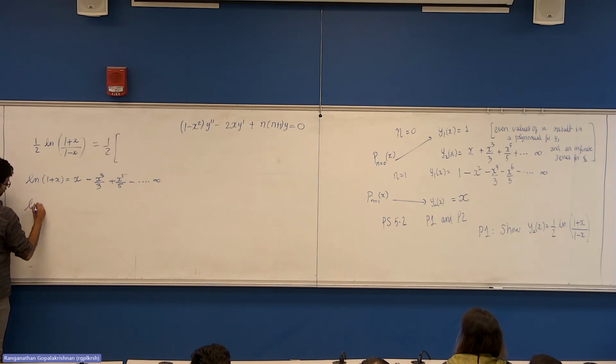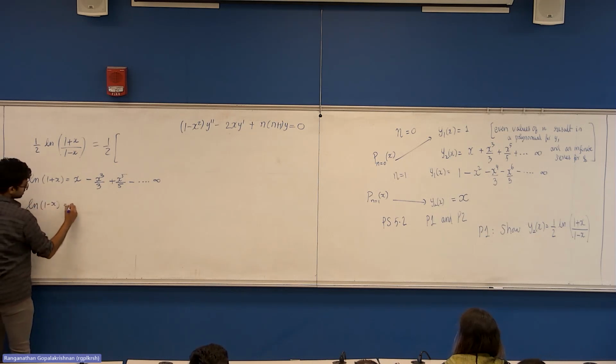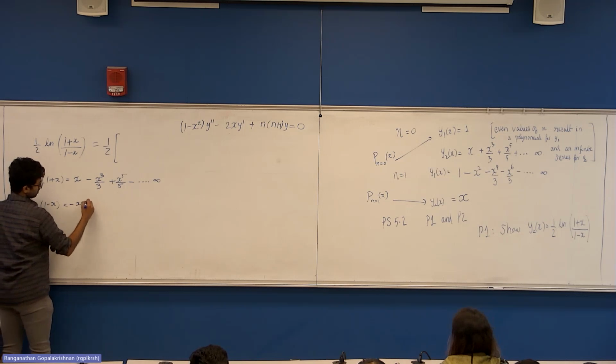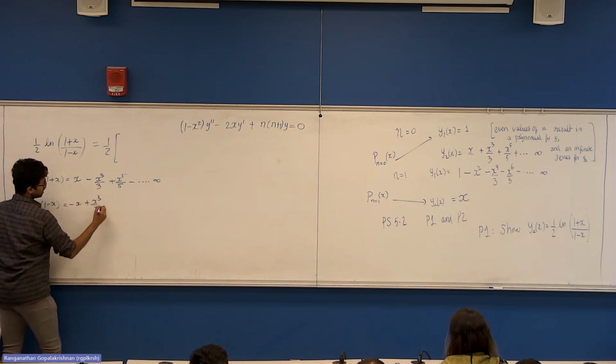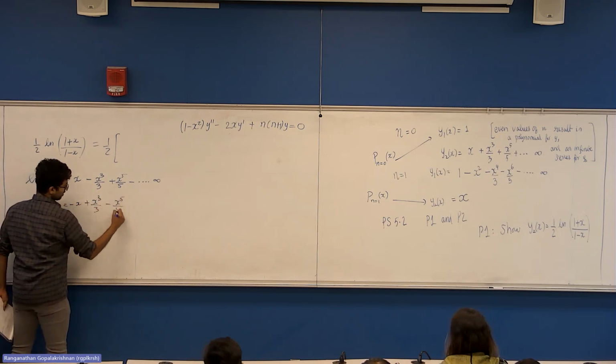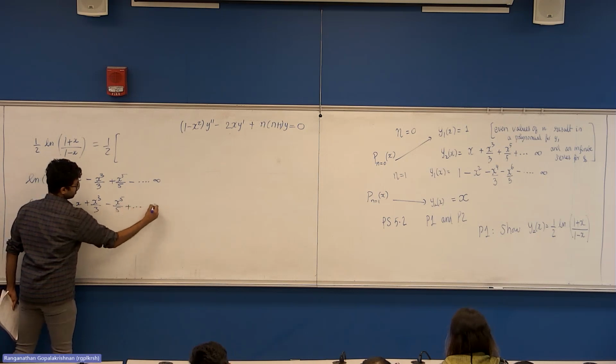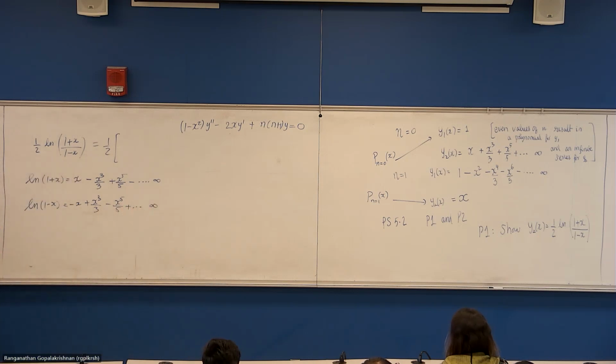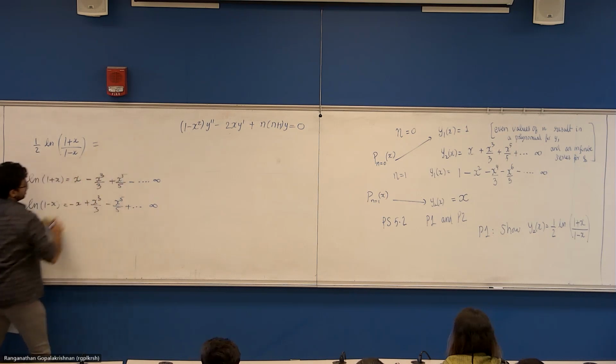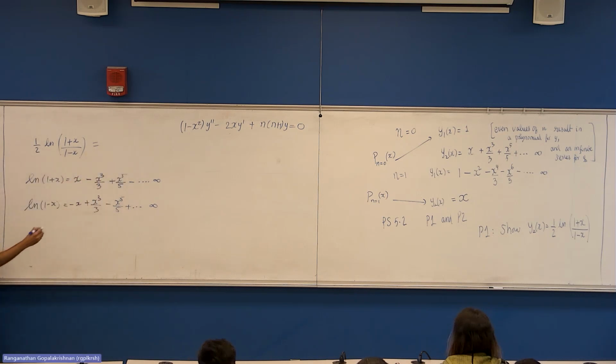And logarithm of 1 minus x, wherever x appears, replace it with minus x. So this is minus x plus x cube over 3 minus x to the fifth over 5 and so on up to infinity. So if I take the difference divided by 2, what am I going to get?